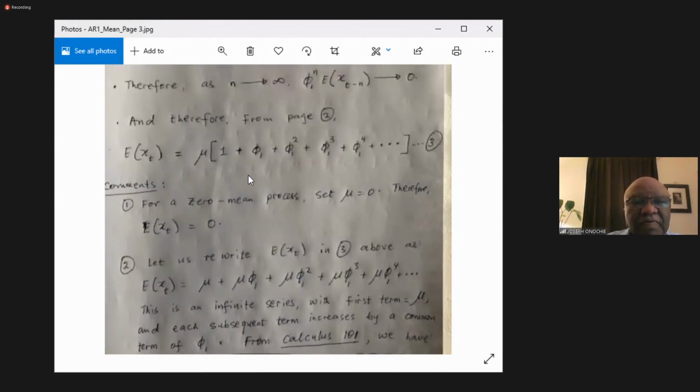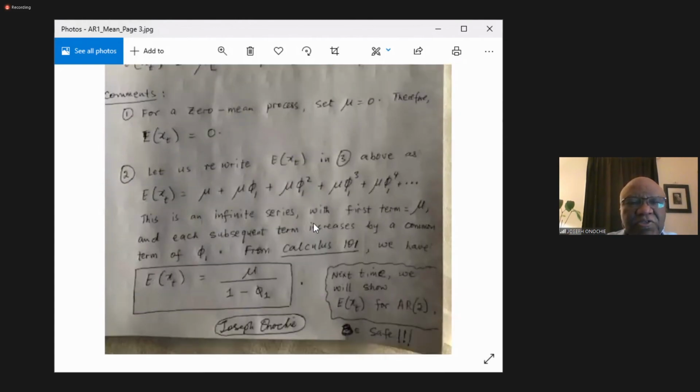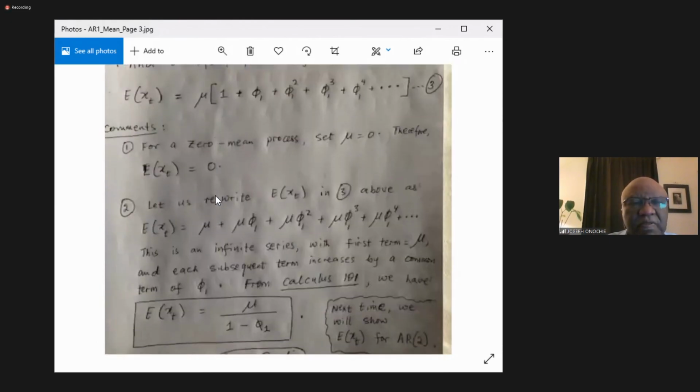So up here, I remove the parentheses, because I've gotten rid of that nasty term at the end. Now, let's remove this bracket and see what we have. So here is mu plus, I'm sorry. So this one, mu times this is this, mu times this is this, and so on. So I remove the bracket, I have this.